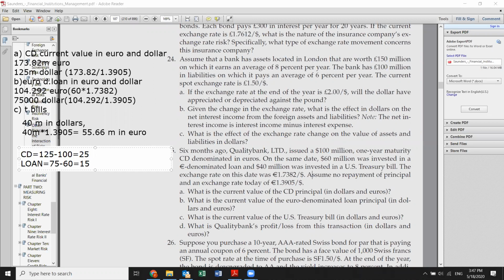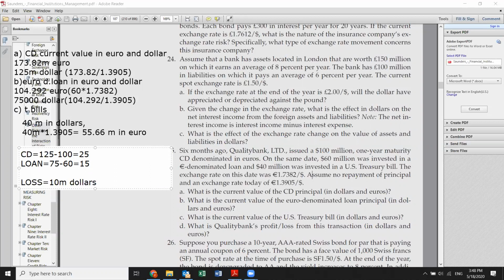And what is your loss? $10 million loss. Is that in dollars or euros? Dollars. 10 million loss in dollars.